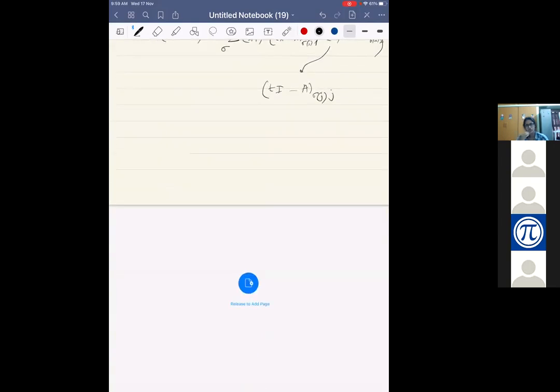Now what are the possibilities here? Sigma j equal to j, in which case you will get t minus A j j. Sigma j not equal to j, in which case you will get minus 1 times A sigma j, j.